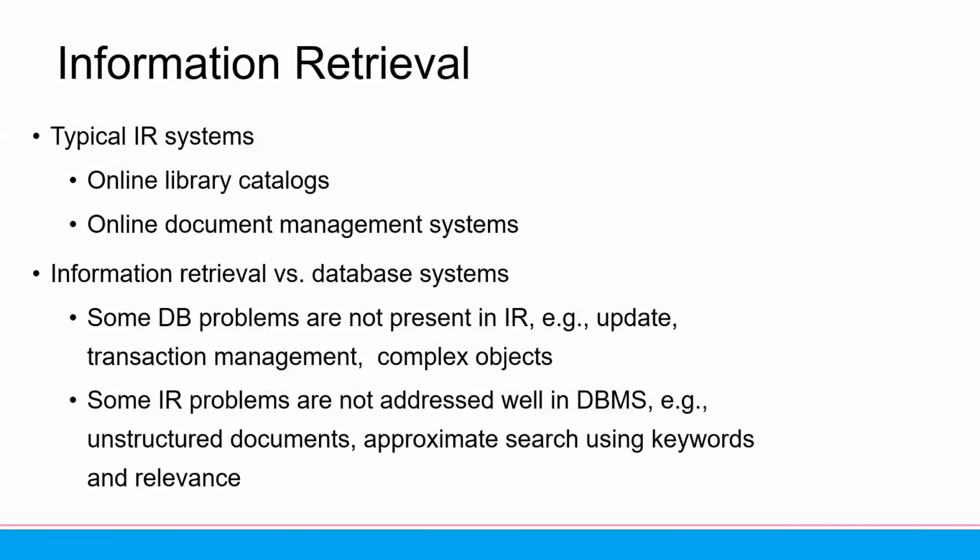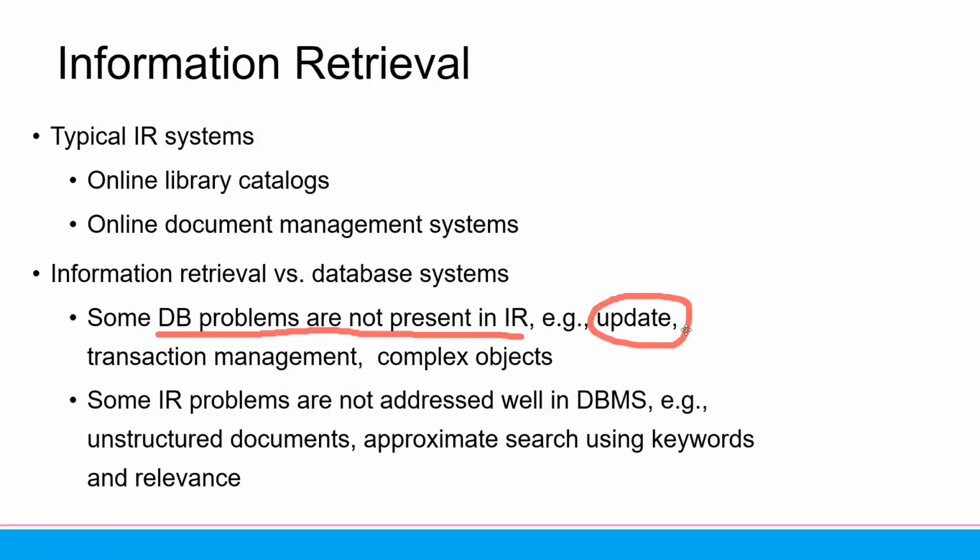There are some differences between information retrieval and database systems. In DB, or database, we have some problems that are not present in IR. For example, in IR, you cannot update.